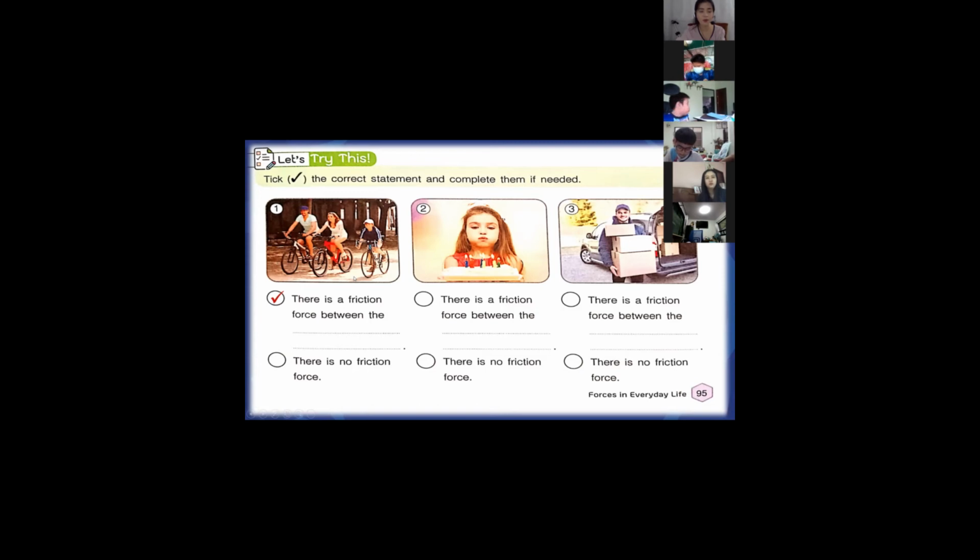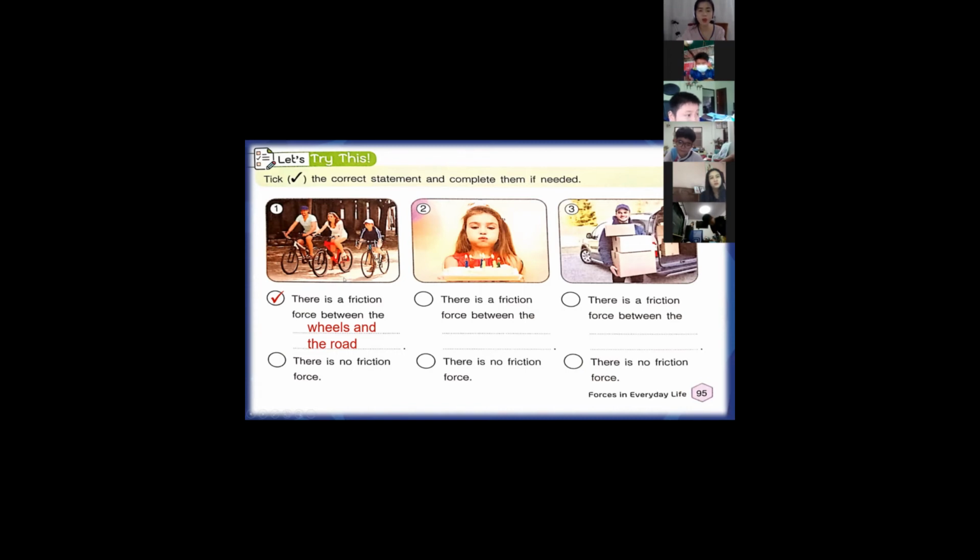Yes or no? Or is it the tires or the wheels and the ground? The wheels and the ground. Very good, Not. So there is a force between the wheels and the ground or the road. The rolling friction of the wheels and the road.